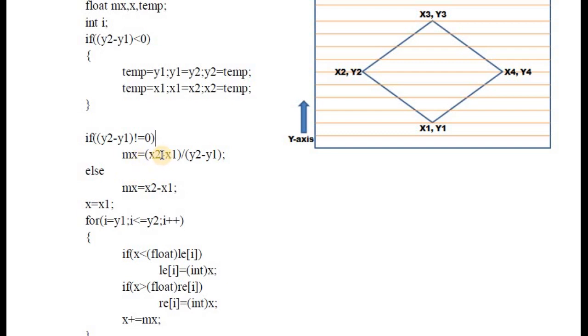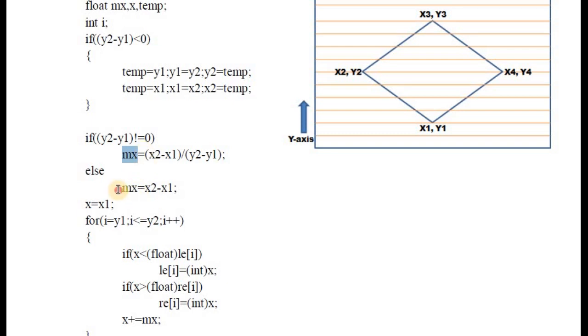So mx equals x2 value, which is 100, minus x1 value, which is 200, so minus 100, divided by y2 minus y1, that is 300 minus 200, again 100. Minus 100 by 100 gives you minus 1. So the value of mx will be minus 1.